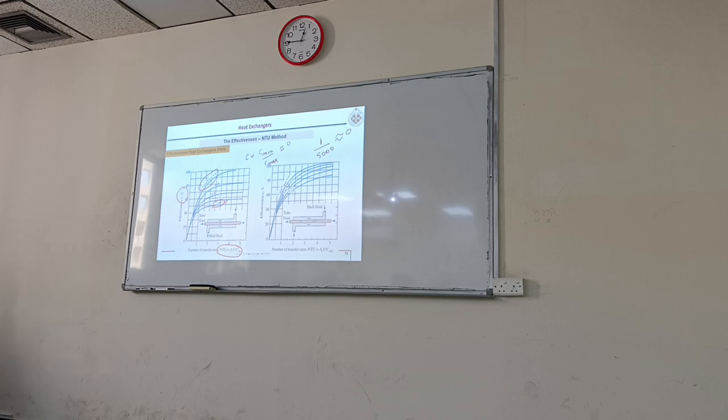That other fluid has a very high m cp product. What about the ratio of C in boiling and condensation? If one of the fluids is boiling or condensing, there is no C, so we have to replace this with m times h. So this C maximum, let's represent in the form of m into h product.